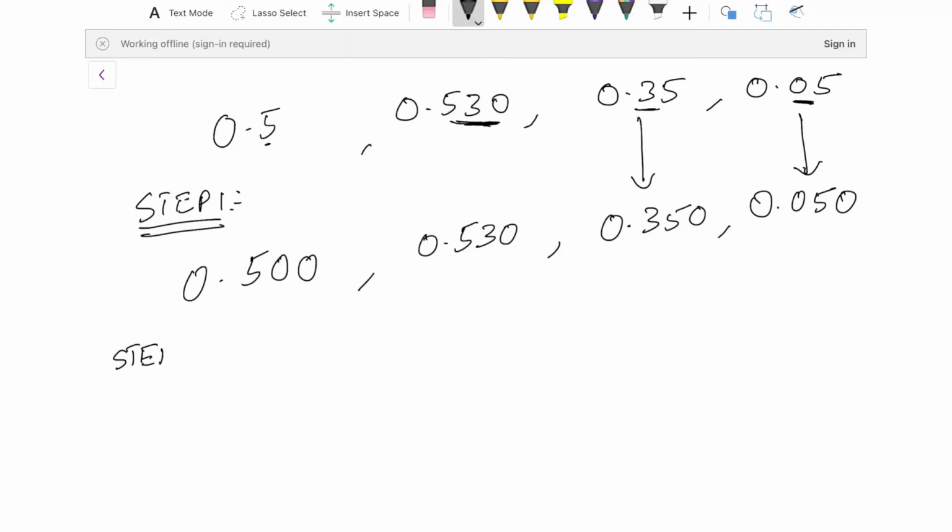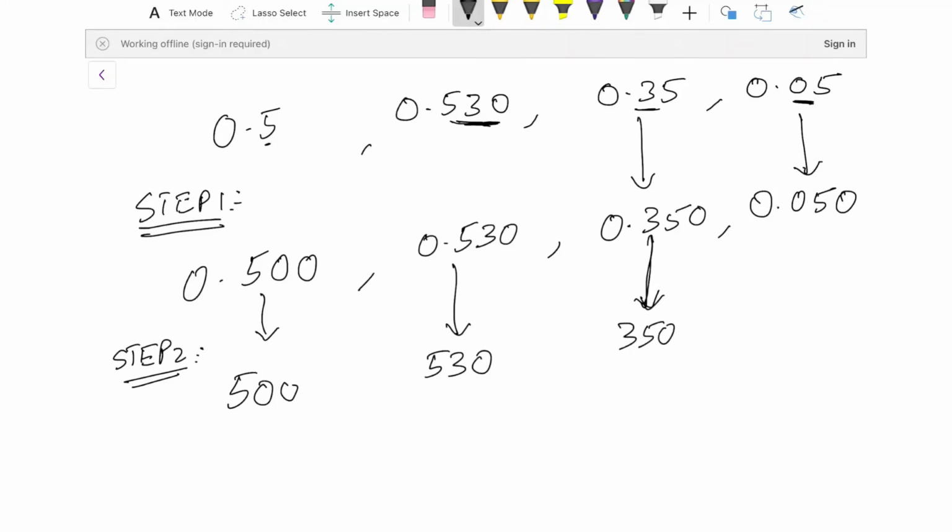Step 2 is to compare these decimals. How do we compare? Because these are like decimals, all you have to do is to ignore the decimal point. So this becomes 500, this becomes 530, this becomes 350, and this becomes 50.